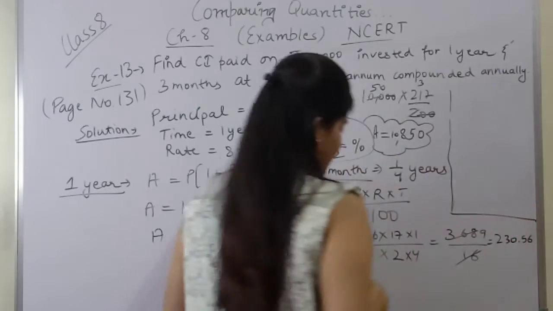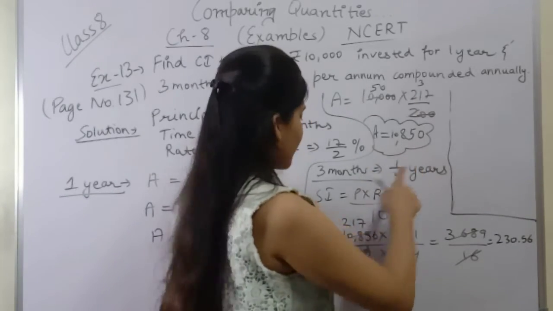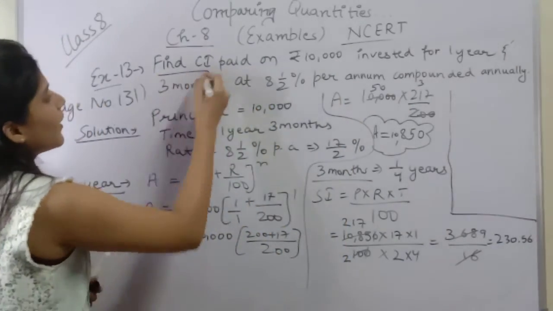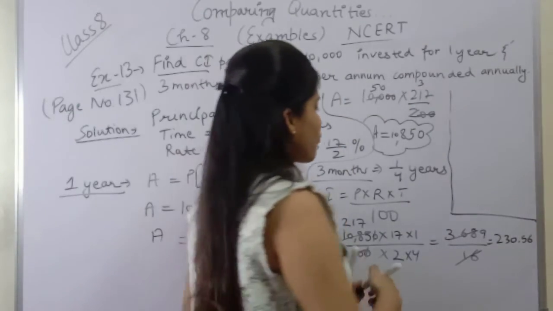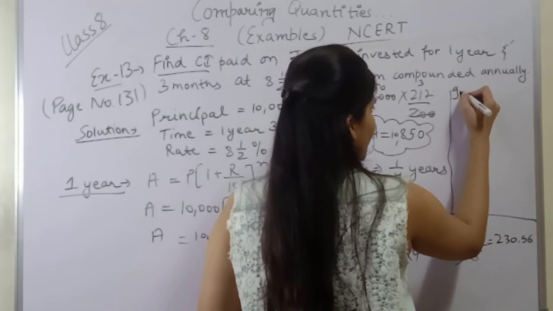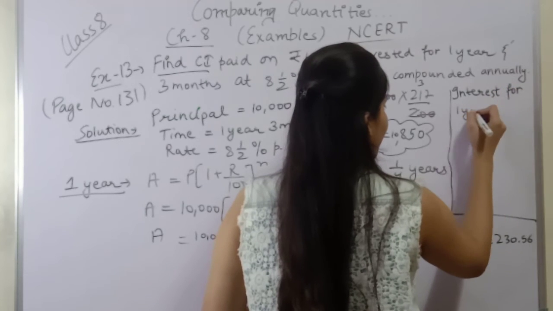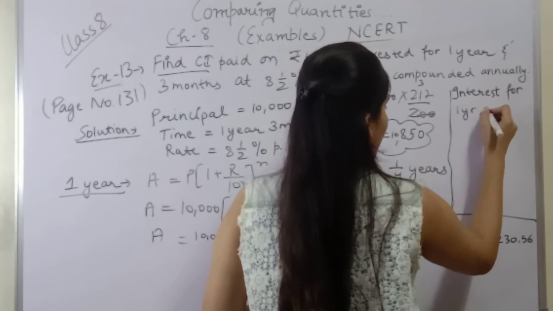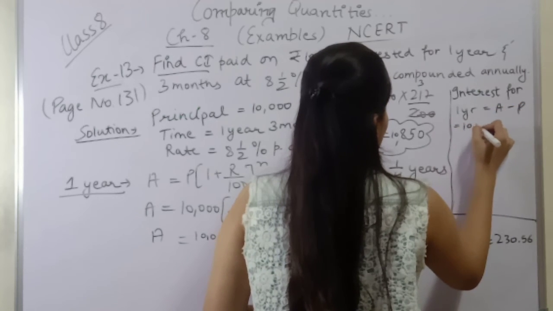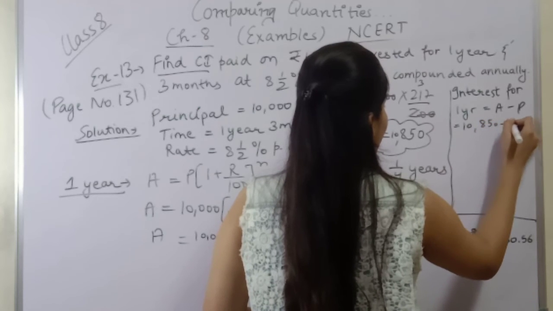230.56. Now see, इधर से हमारे पास अमाउंट आया था और इधर से हमारे पास इंटरेस्ट आया. And what we want is the interest, compound interest. सो ये जो अमाउंट है इससे भी हम पहले इंटरेस्ट निकालेंगे. So interest for 1 year कितना है? अमाउंट माइनस प्रिंसिपल, 10,850 minus 10,000.